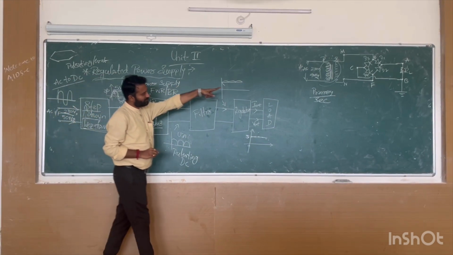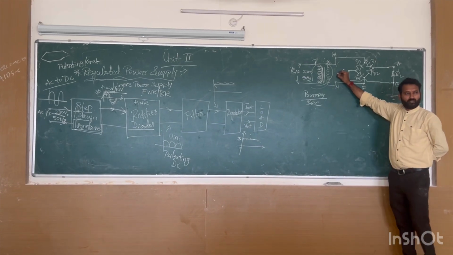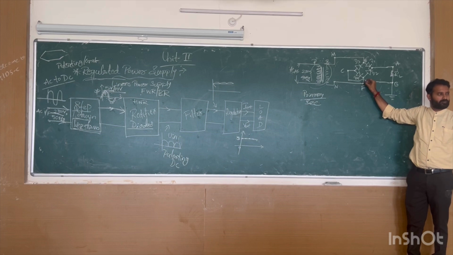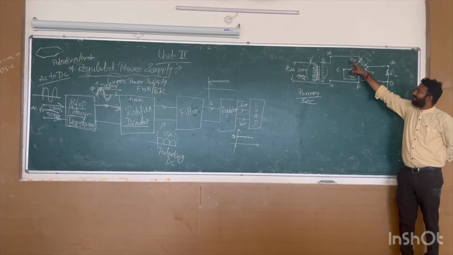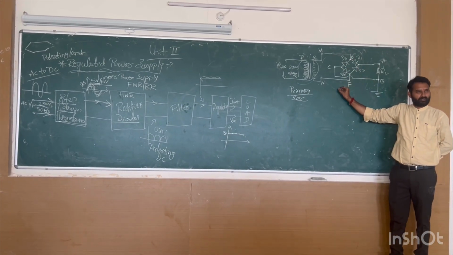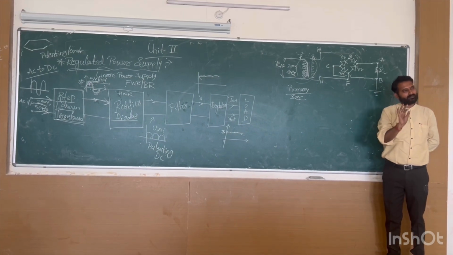Now I said the rectifier consists of what? Diodes. This is nothing but a bridge rectifier. It consists of diodes which are connected in a bridge manner. Now this complete diagram, you can say it is a bridge rectifier. Understandable? What does a rectifier contain? Diodes.